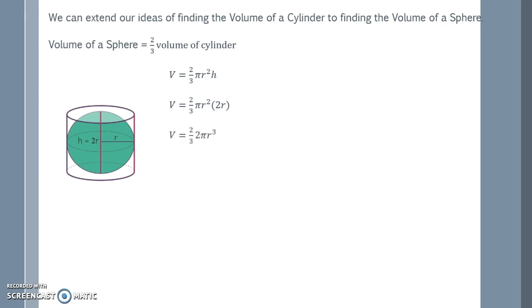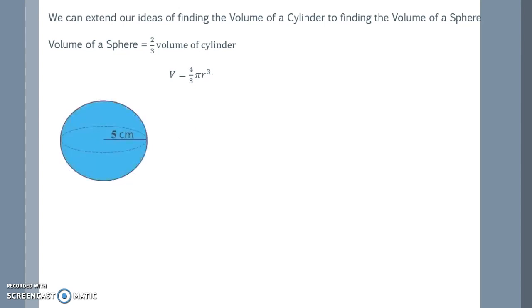We can combine like terms and multiply or rearrange. Multiply our whole numbers to give us 4/3, and our radius squared times radius is radius cubed. So therefore the volume of a sphere is 4/3 times pi times radius cubed.